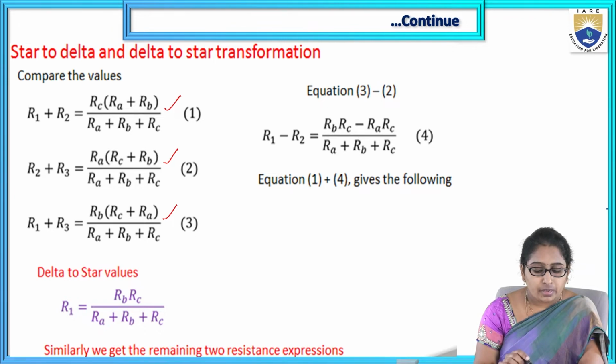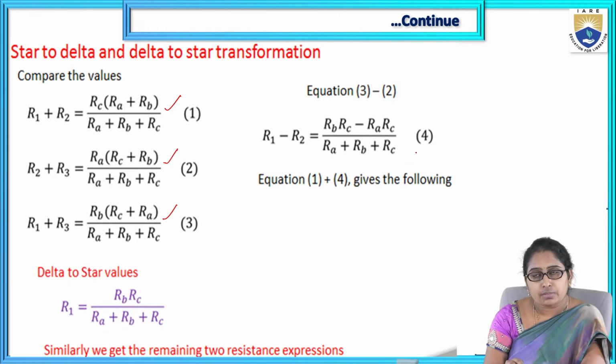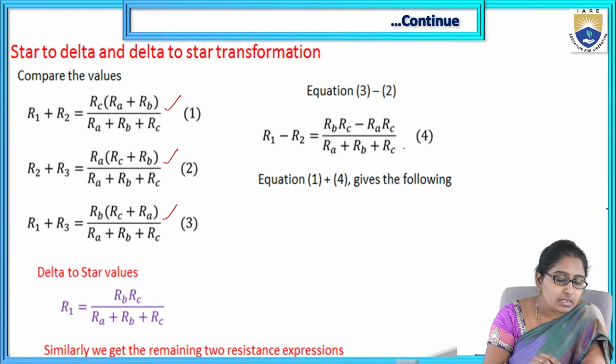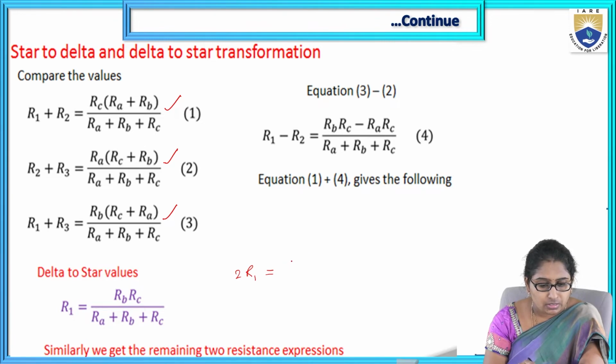Now take the sum of equation 1 and equation 4. Whatever is mentioned as equation 4 is now added with equation 1. Adding them, we get 2R1, and now on both sides the 2 gets cancelled.